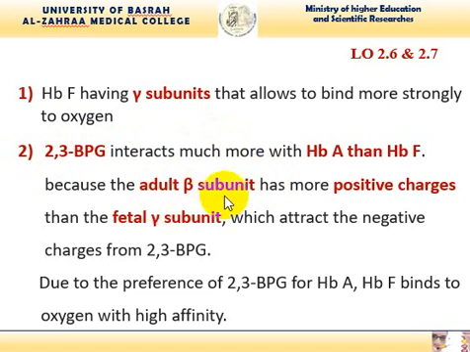Because the adult beta subunit has more positive charges than the fetal gamma subunit, and these positive charges attract the negative charges of 2,3-bisphosphoglycerate. Therefore, the preference of 2,3-bisphosphoglycerate for hemoglobin A makes hemoglobin F bind to oxygen with high affinity.